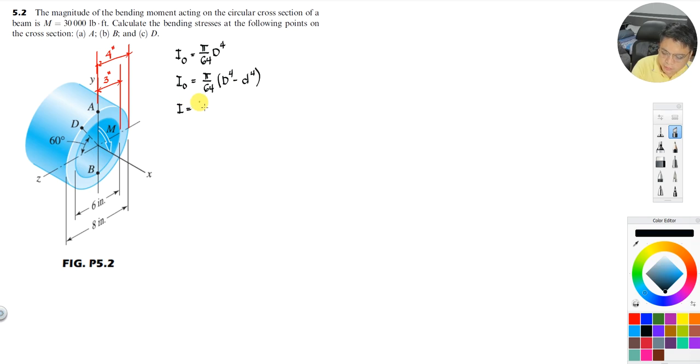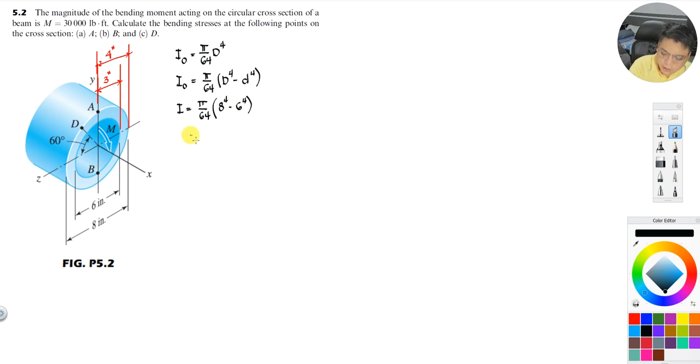So, that would become equal to pi all over 64. Quantity, we can have it as 4 to the 4th. That is radius. Okay? So, ang kanyang diameter is 8. 8 to the 4th minus 6 to the 4th.